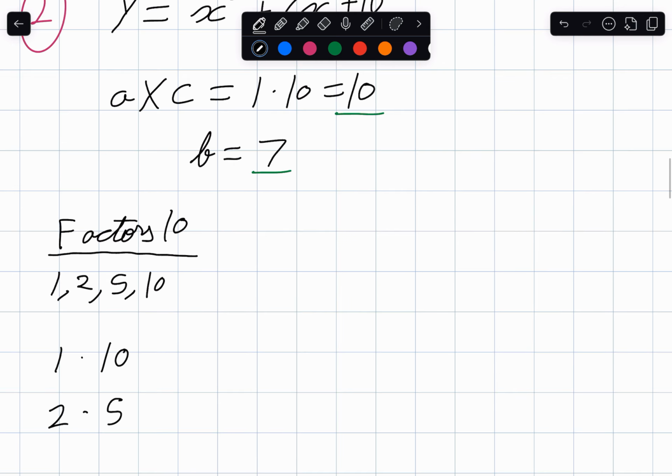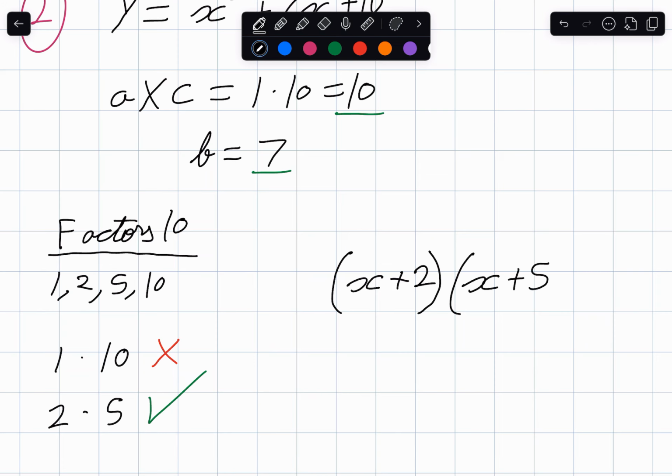We need two numbers that multiply to 10 and add up to 7. This 1 times 10 does not work. What about 2 and 5? 2 and 5 definitely work. They do add up to 7. So one bracket is x plus 2 and the other is x plus 5, and this is our final answer.